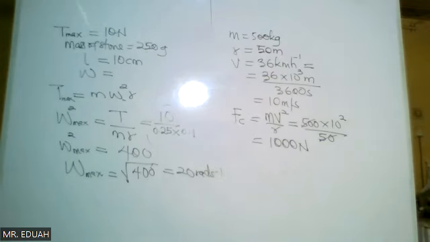A wheel completes 2,000 revolutions to cover a 9.5 kilometer distance. The diameter of the wheel, therefore, is. Let me see how you can answer.